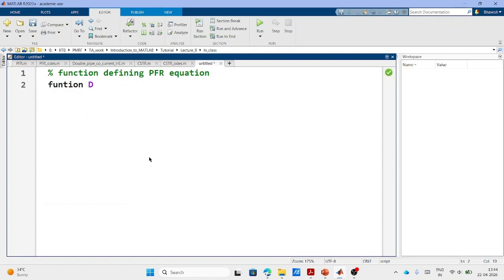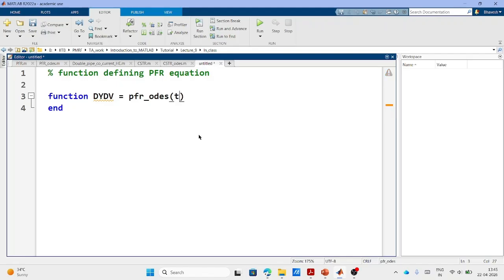Let me say I am calling it dy by dv is equal to PFR ODEs. Sorry, function. Yeah. Now, what will be the input parameters, right?